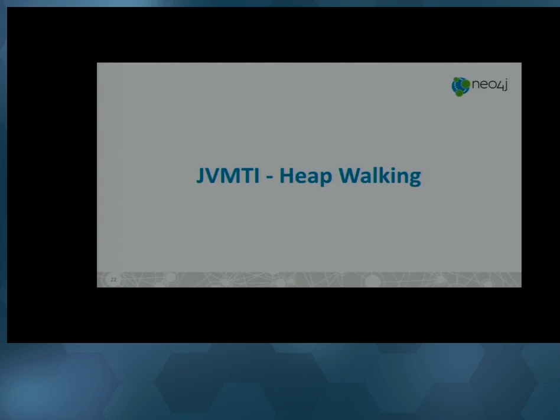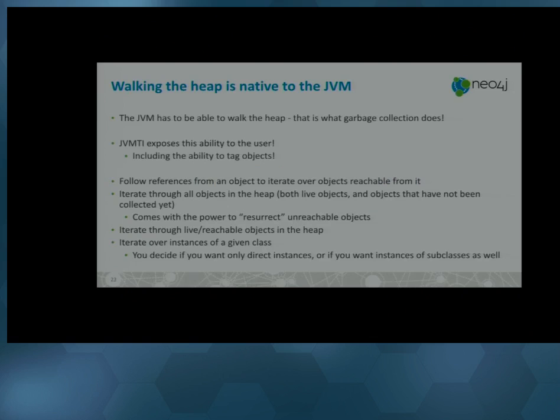Another thing that is useful that JVM TI can provide is the ability to walk the heap. This is pretty logical, because the JVM has to do this all the time. This is what garbage collection does. It walks the heap and typically marks objects for collection or for moving, because they're going to be kept.